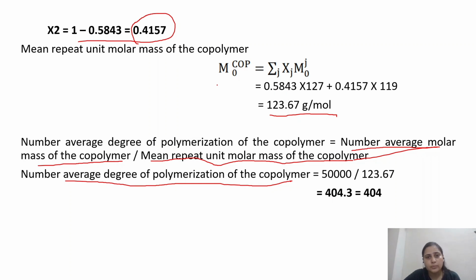So M copolymer, the mean repeat unit molar mass of the copolymer, is equal to the summation of xi Mi. If I am taking two repeat units, so xA, the A type repeat unit mole fraction, into its molar mass, plus the mole fraction of B type of repeat unit into its molar mass.